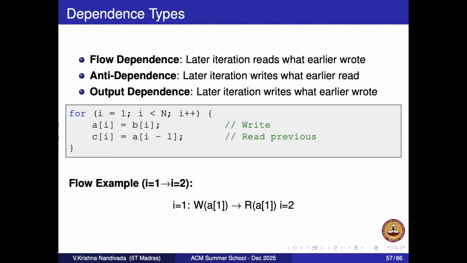The right side is a read. The LHS is a write. So S1 writes, let's say, in iteration I minus 1. In iteration I, I am reading it. Okay.